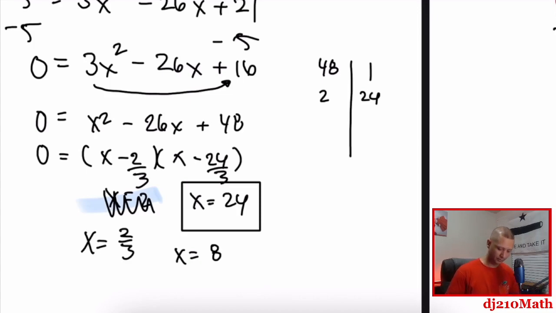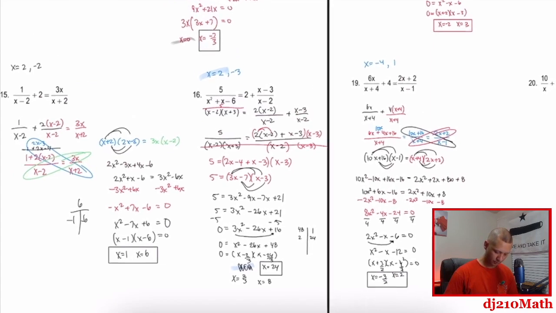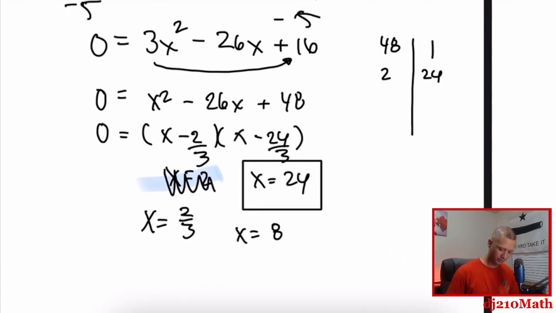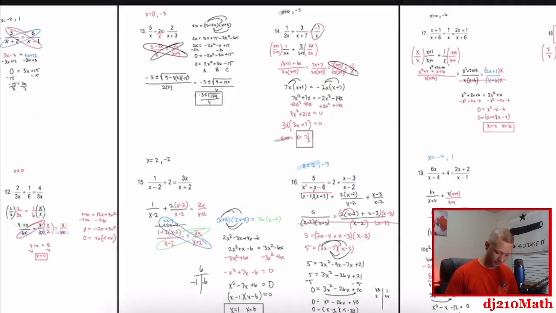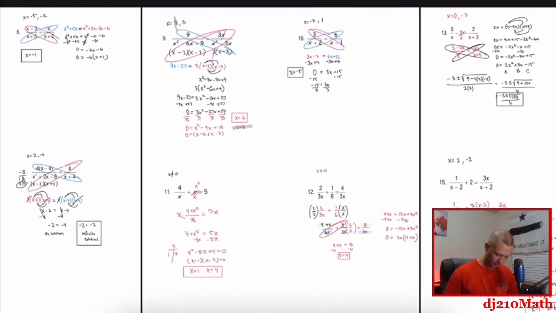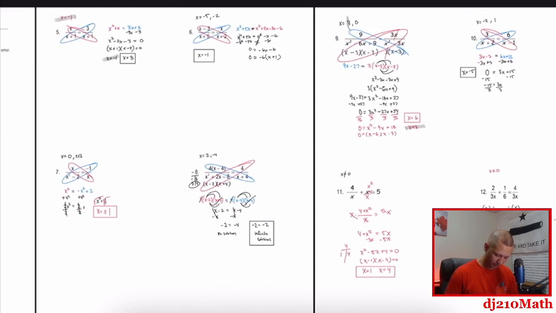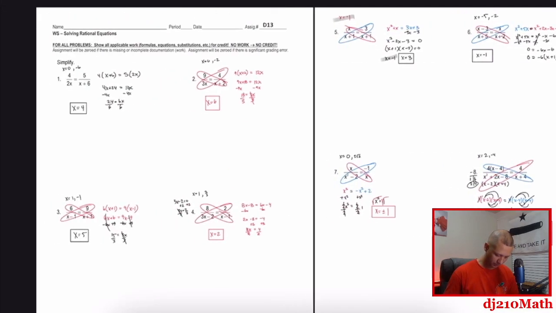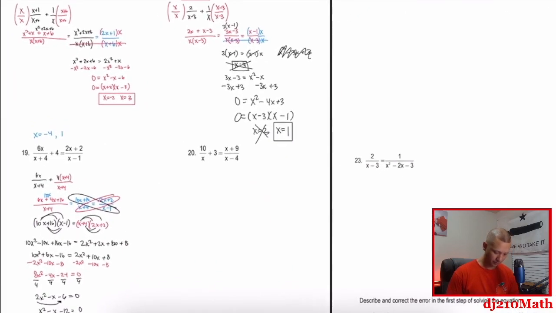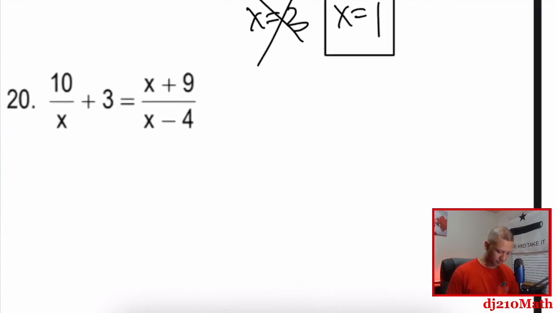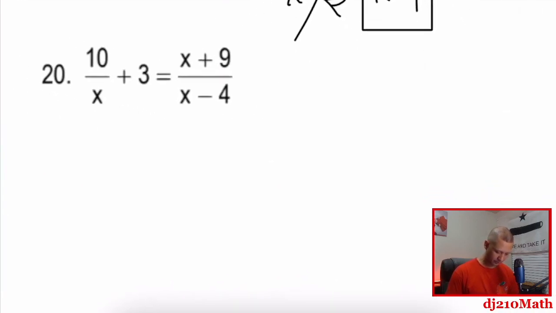X is equal to 8. So here, both of these were correct. That's wild. Okay, moving right along.